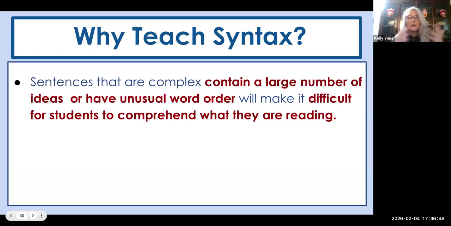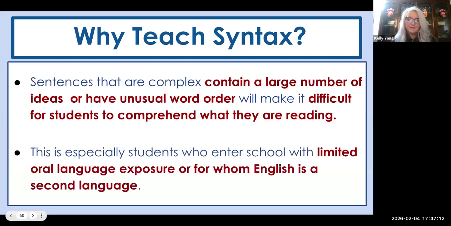When you get into 3rd, 4th, 5th grade and up text, especially your social studies and science textbooks, they're packing so many concepts into one sentence, and it just makes it very complex unless you know how to break the sentence apart. So that's where syntax will really help your students.